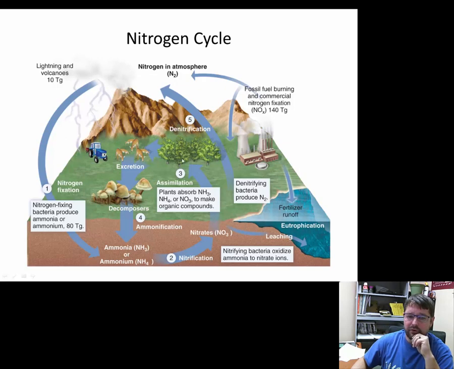These are natural processes, and there is some. But the main thing is, a lot of times we're digging up some of the stored nitrogen and putting it right back on the landscape through fertilizers and things like that. And that can damage this nitrogen cycle.